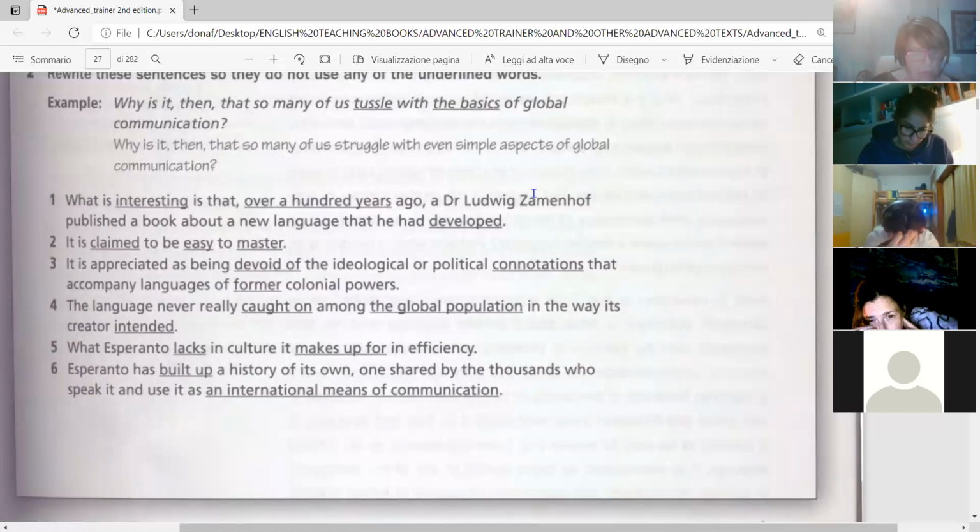What Esperanto lacks in culture, it makes up for in efficiency. Yes. So, what Esperanto does not have in culture. Here there's an exact word to change with makes up for.